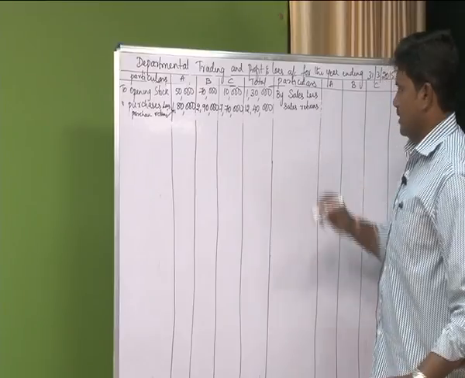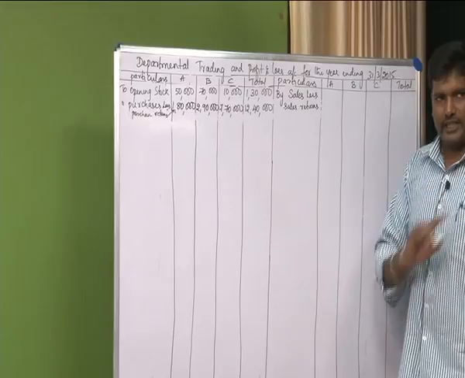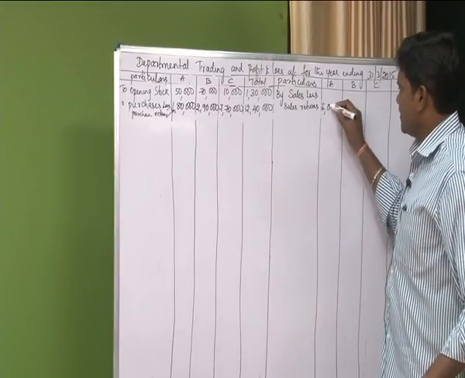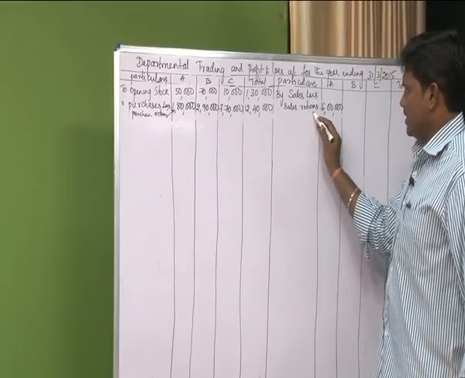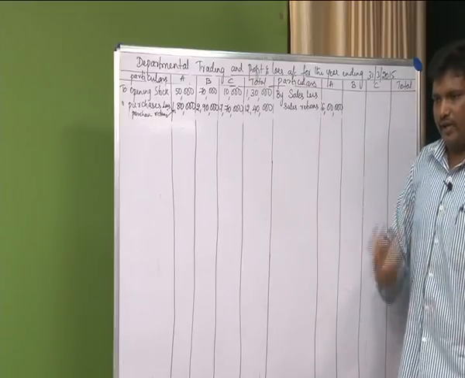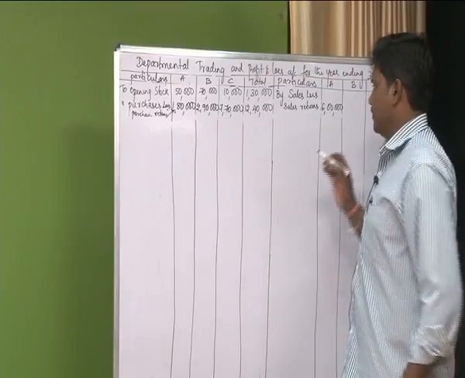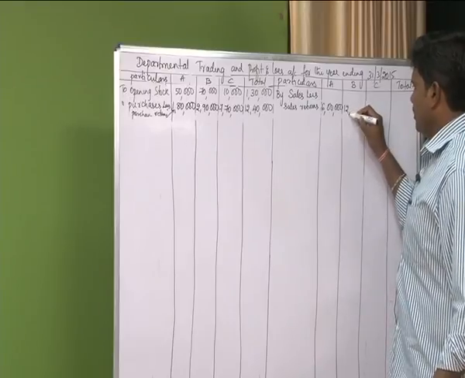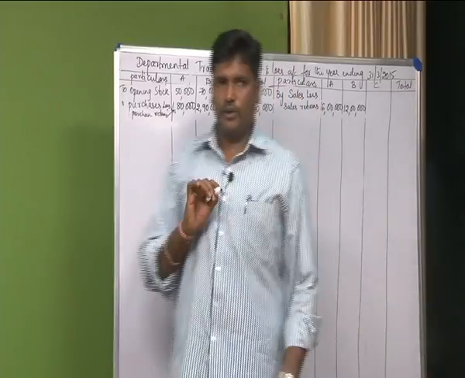The actual sales given in the problem was 6 lakhs 10,000, minus 10,000 sales returns, so it is 6 lakhs. In the same way for department B, 12 lakh 20,000 is the sales, 20,000 is the returns, so the remaining balance will be 12 lakhs.